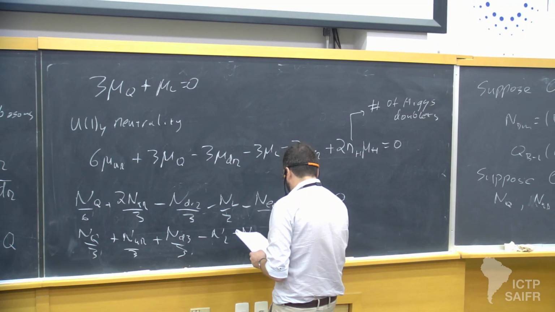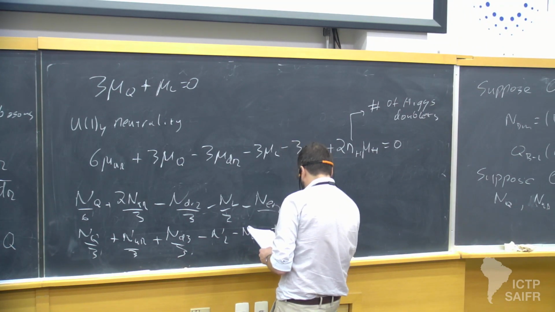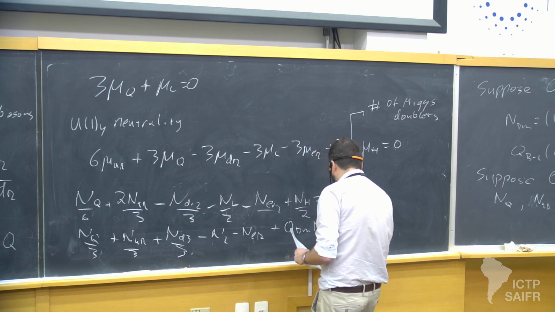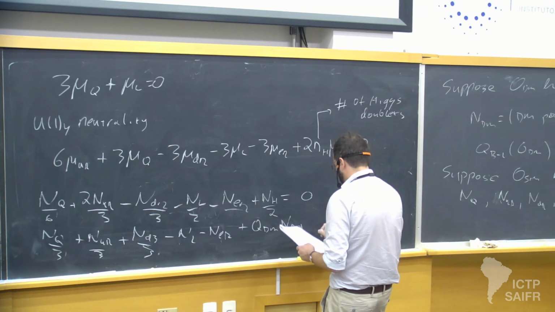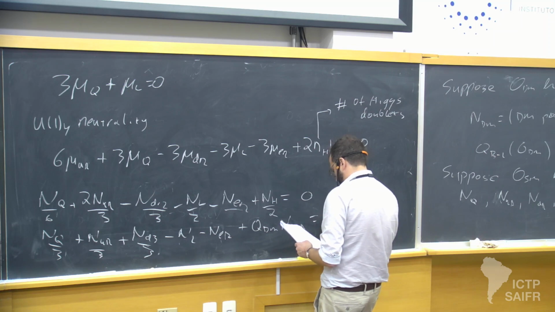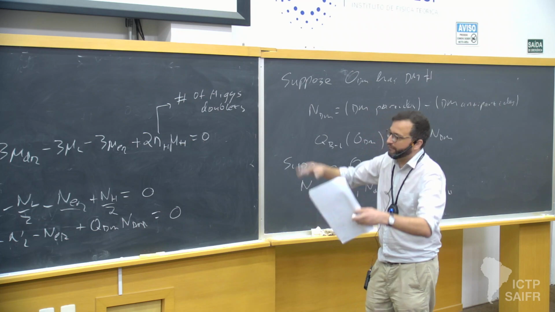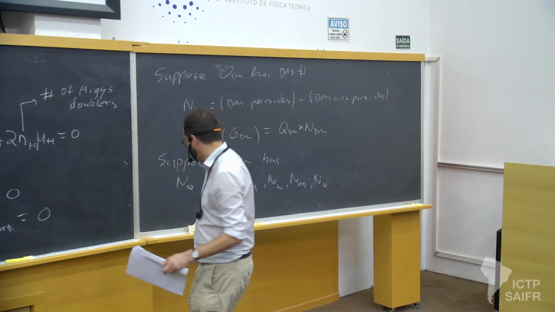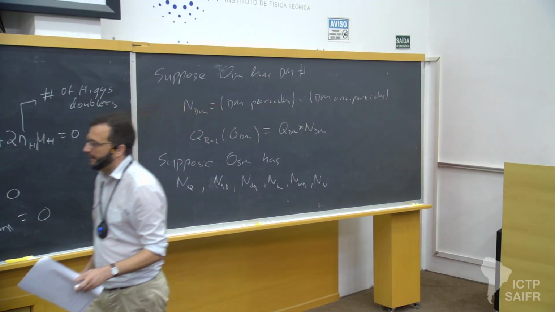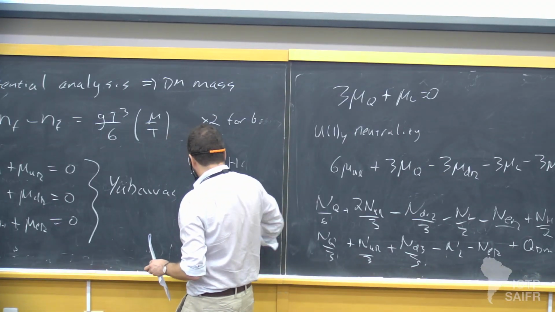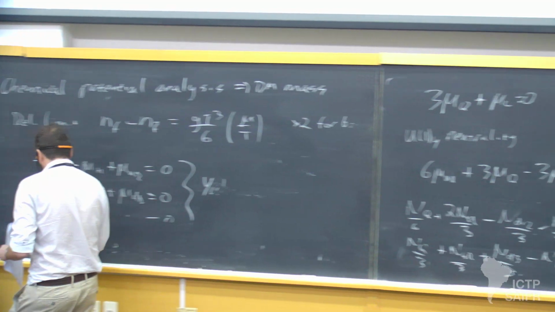And then we're going to have Q dark matter, N dark matter. So in a way, this sort of defines what Q dark matter is. This is going to be 0, okay? Then now you have a whole system of equations, yeah? And we're going to just jump ahead.